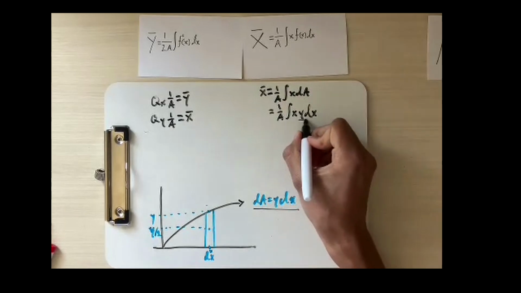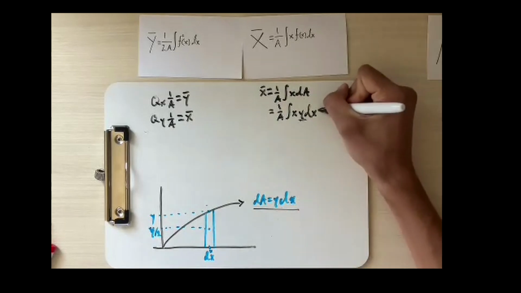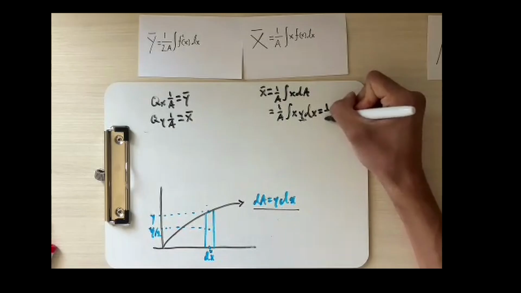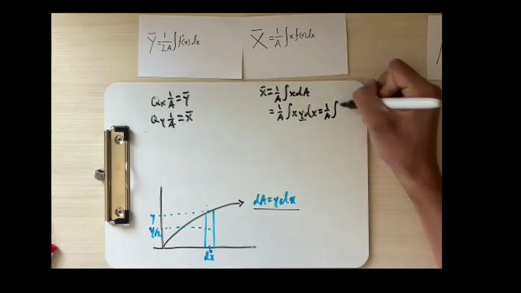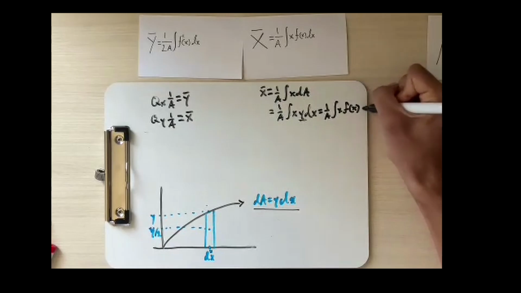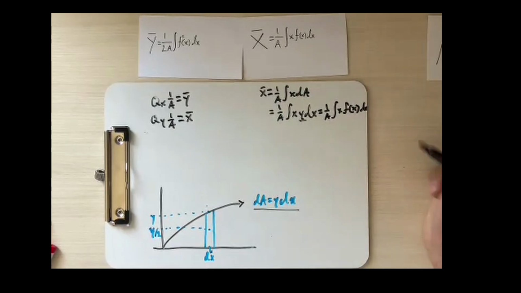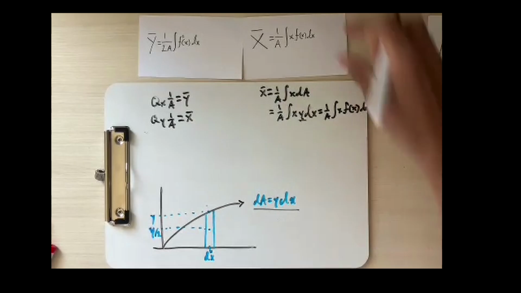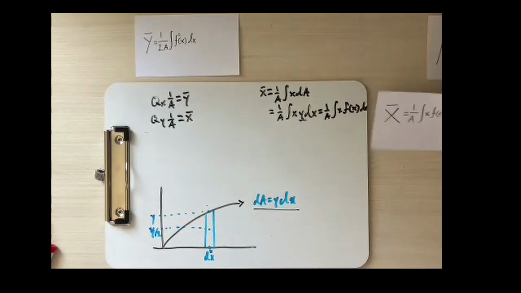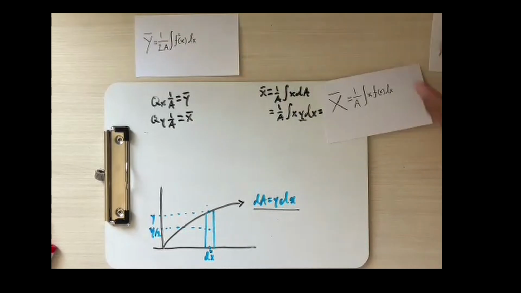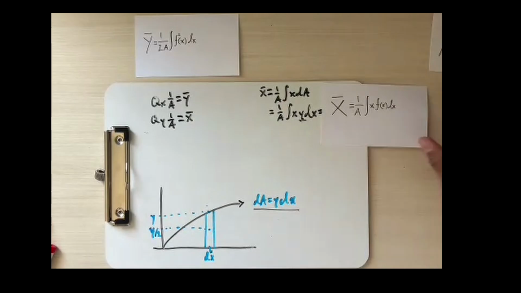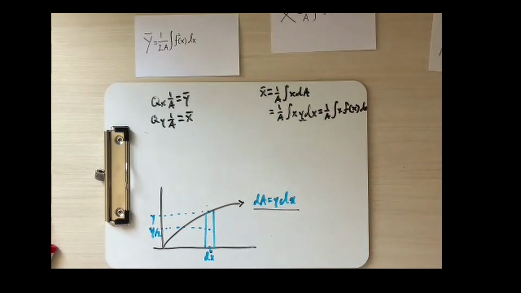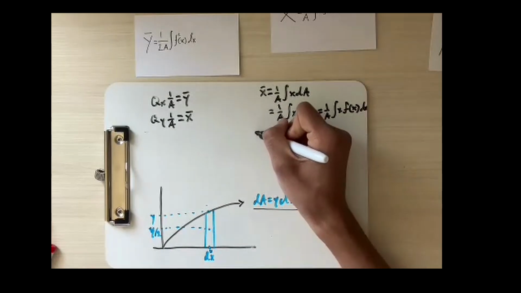And check that out. What is y but our function? Equals 1 over A integral x f of x dx. I'm running out of space a little bit there, but we can replace it with that definition at that point. We've derived that. Awesome.